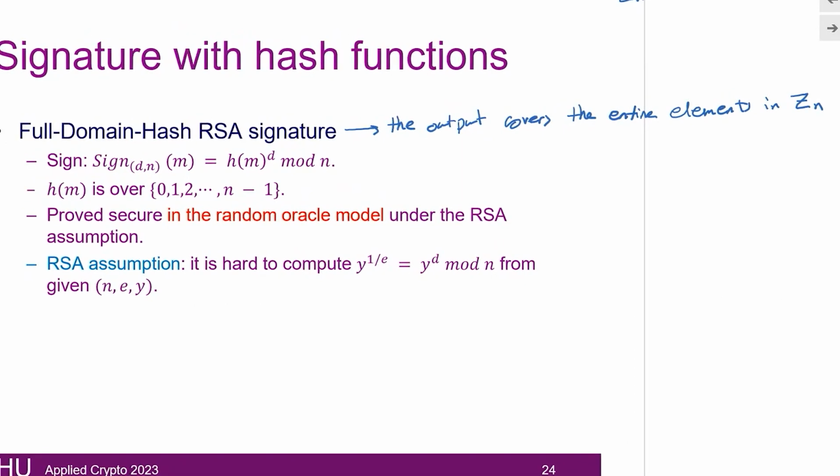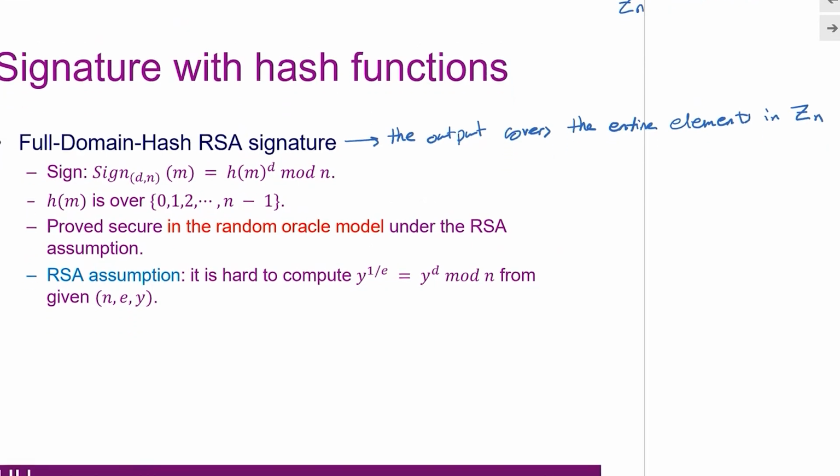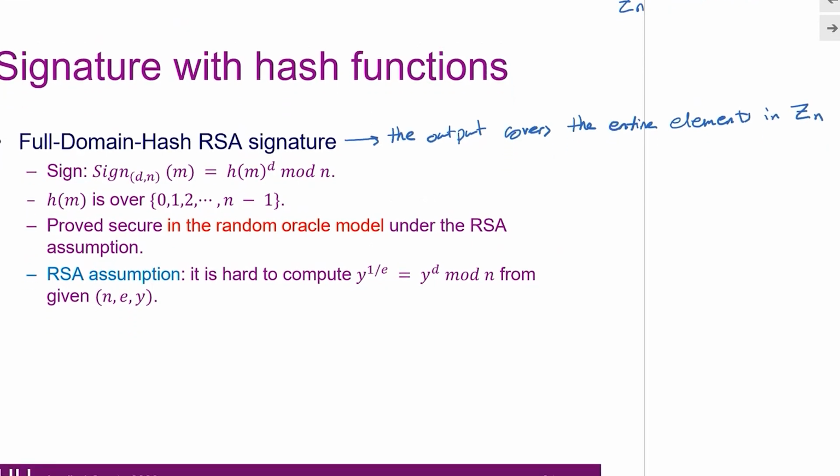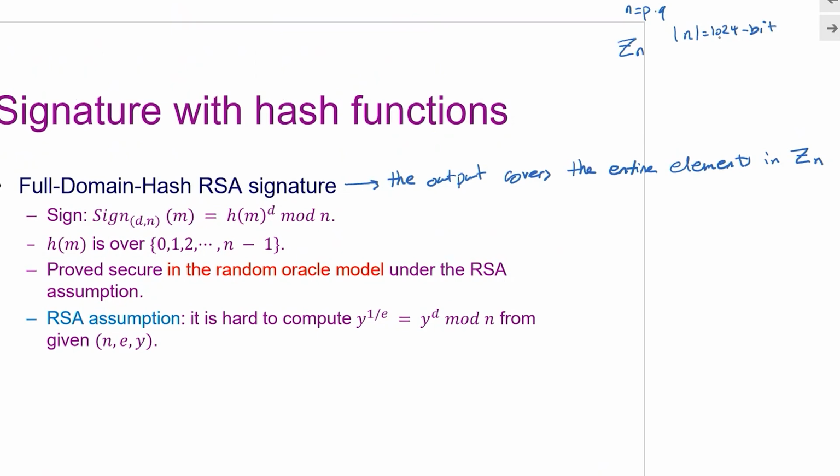You see that it is a little bit different hash function. In practice, maybe it would be hard to find such a hash function, but now we are in theory, so we can wish for whatever we want. So one of the ideas is that when you sign, you compute the hash of every message. If this hash function is not a full domain, then it only covers a very small portion of all the elements that we have in Zn.